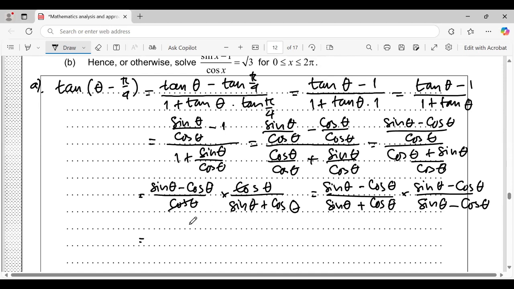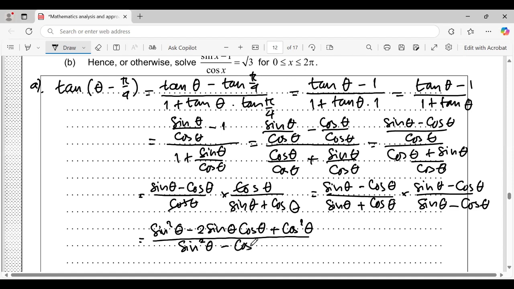If we multiply, the numerator is sine squared theta minus 2 sine theta cosine theta plus cosine squared theta, over sine squared theta minus cosine squared theta. The numerator, because sine squared theta plus cosine squared theta is 1, becomes 1 minus 2 sine theta cosine theta.